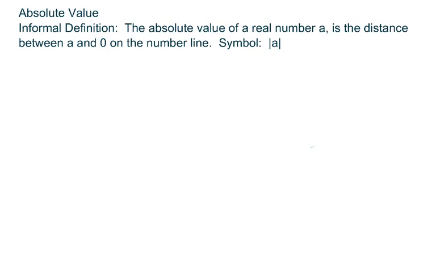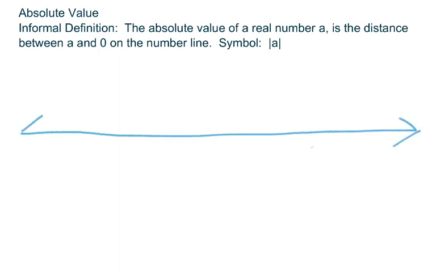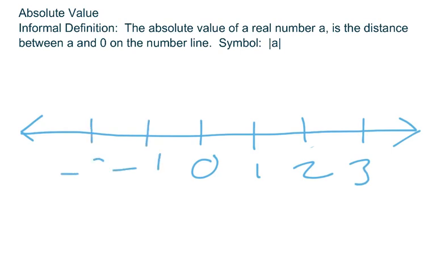The absolute value of a real number a is the distance between a and 0 on the number line. I'm going to draw a number line here and mark it off to include both positive and negative numbers.